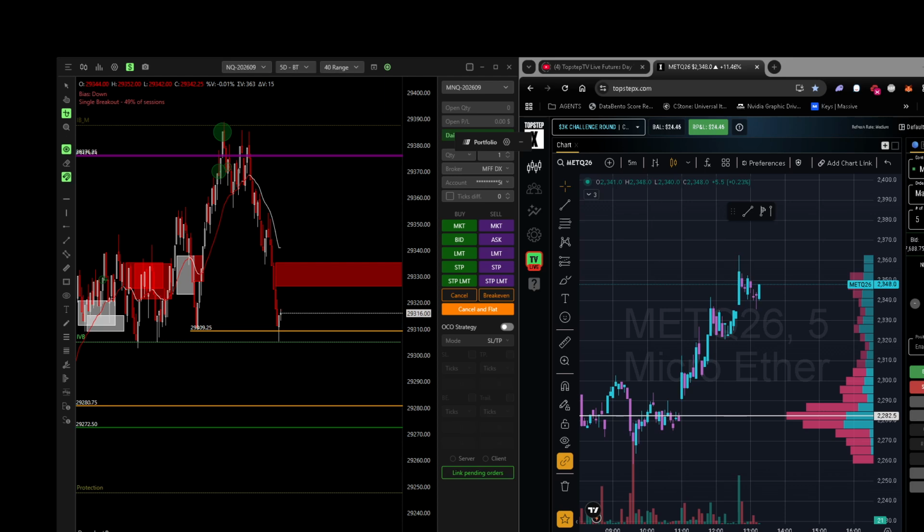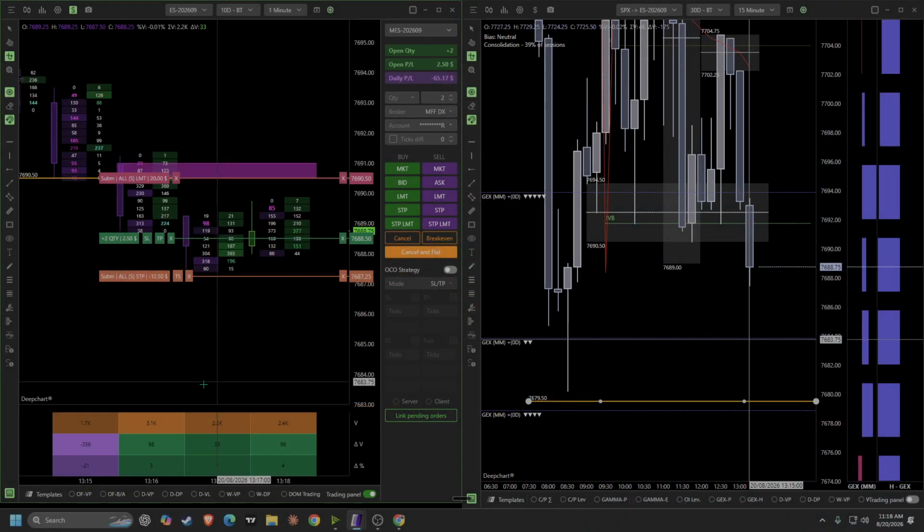Looking for a little pullback. This is a retest. Very tight.